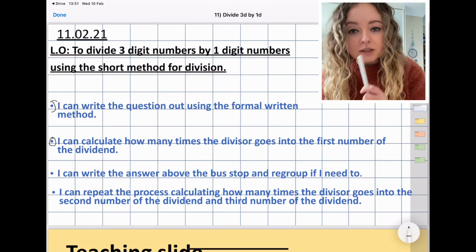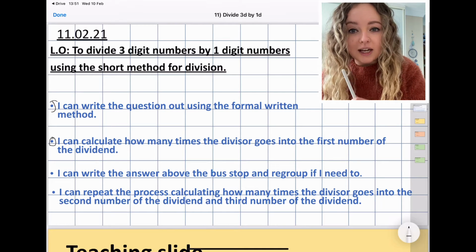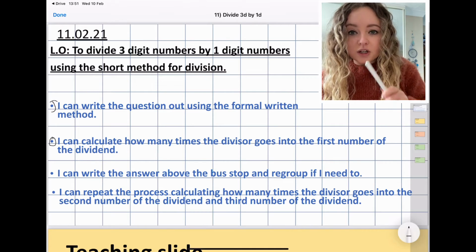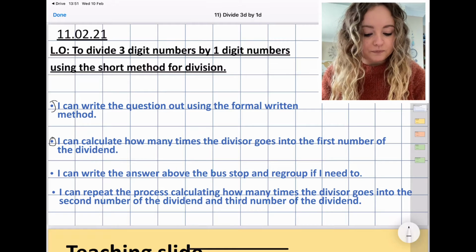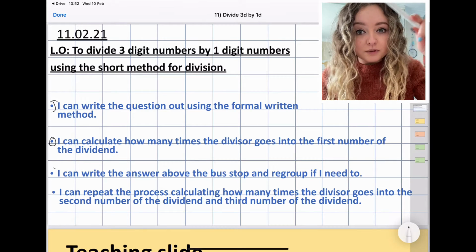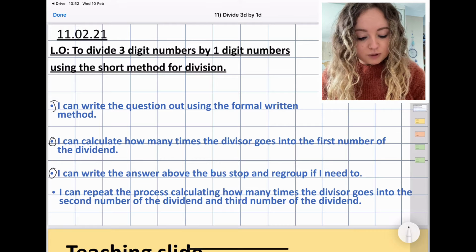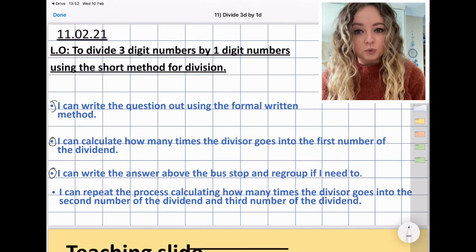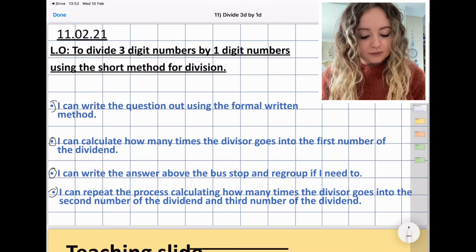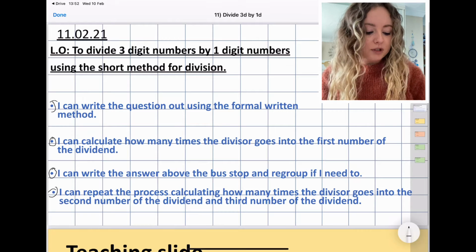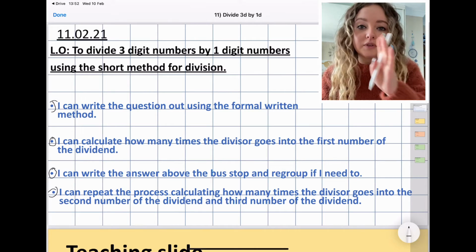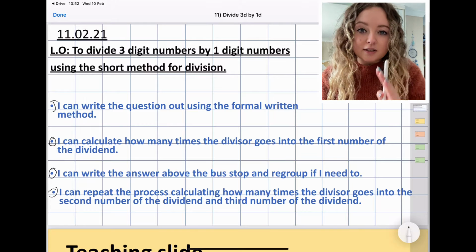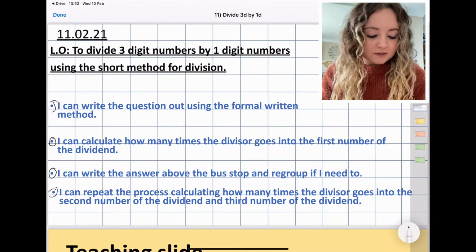So how many times the number that we are dividing by, which is on the outside of the bus stop, goes into the first number inside the bus stop. I can write the answer above the bus stop and regroup if I need to. We'll look at that a bit more today. And then lastly, I can repeat the process calculating how many times the divisor outside goes into the numbers inside the bus stop, the dividend.